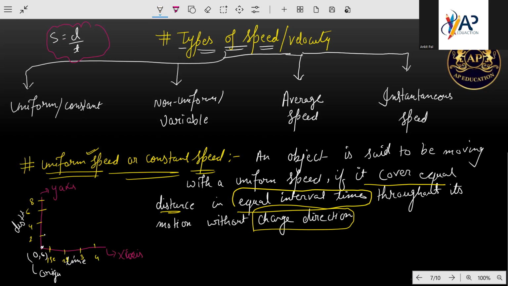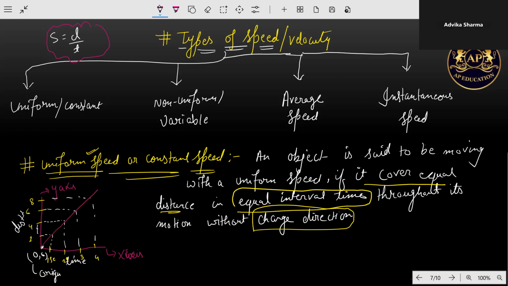In 1 second the body covers 2 meters. In the next 1 second, how much does the body cover? 2 meters. So in total 4 meters. It means the object covers equal distance in equal intervals of time, and the graph is showing a straight line, right?